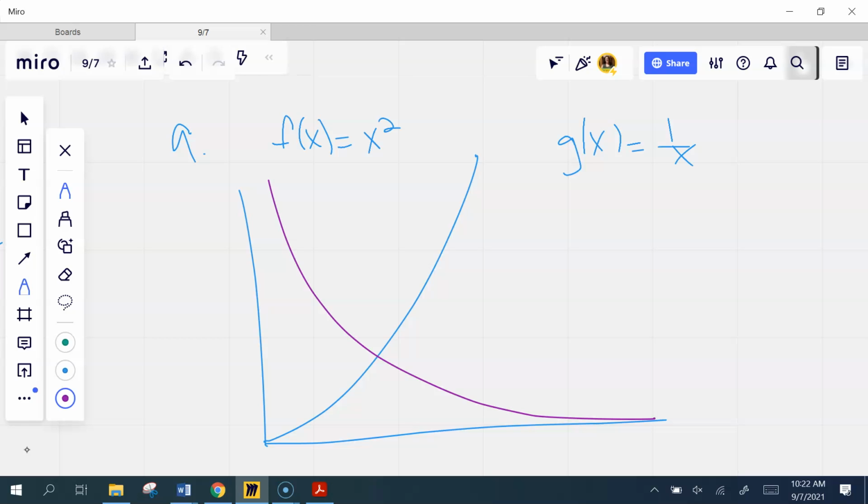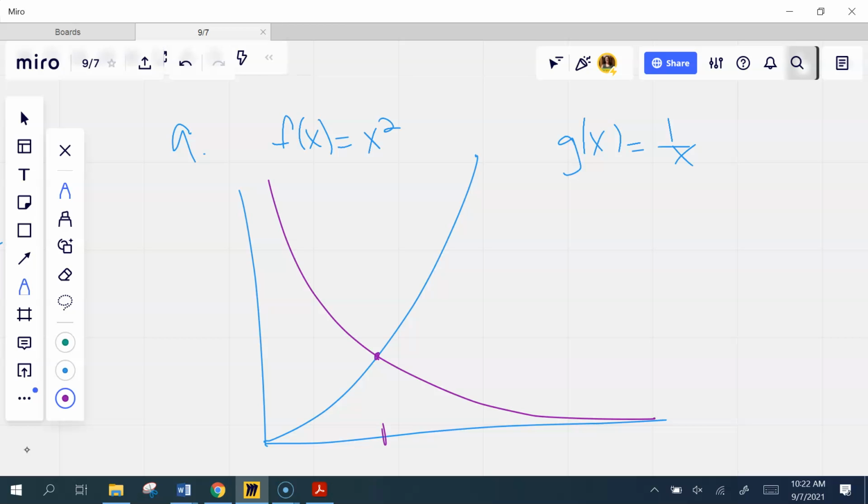And so then it says, sketch the graph of the sum, f plus g of x, by adding the y coordinates directly from the graphs. Then graph the sum on your calculator to see how close you came. So what does that mean? All right, so let's think about where these are crossing, first of all.